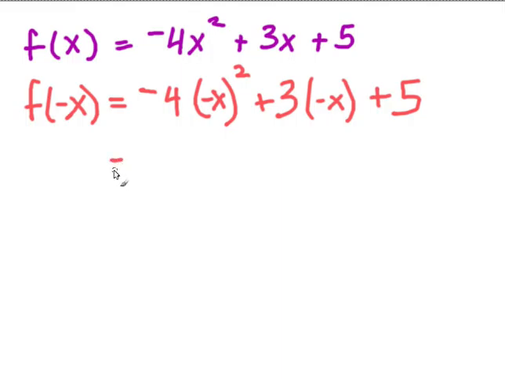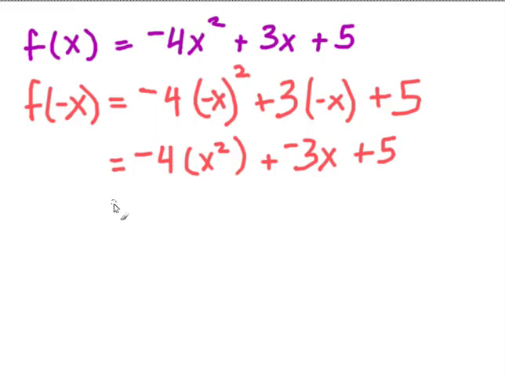Looking at what we get on the right-hand side when we do our order of operations, I get negative 4, and this exponent is going to cause this to be simply x squared, which is positive, plus 3 times negative x, which is plus negative 3x, plus 5. Cleaning up our multiplication and unnecessary things like this plus negative, we get negative 4x squared minus 3x plus 5 for f of negative x.